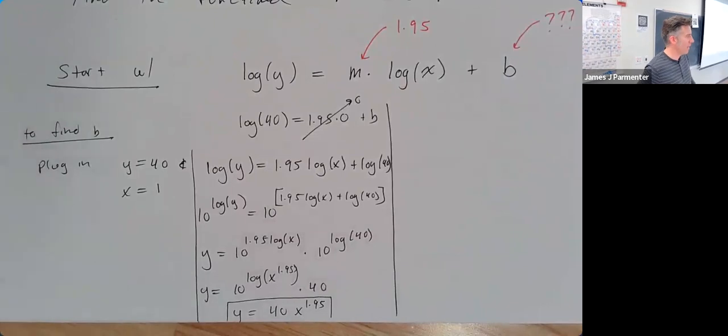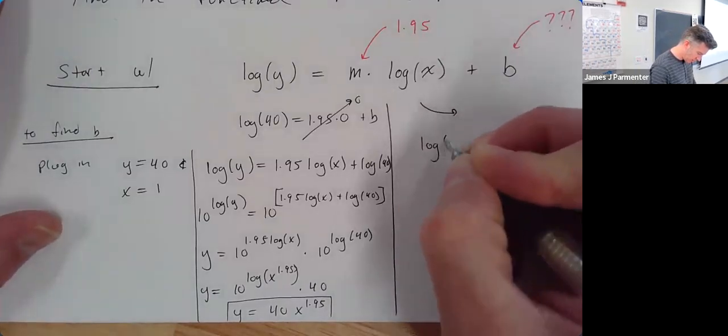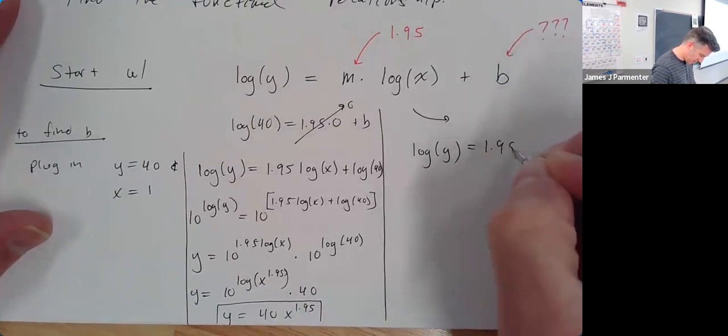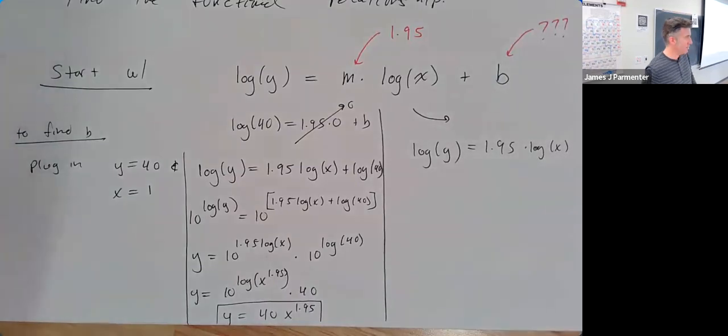And maybe you just don't like doing that thing where you find B weirdly first. You don't have to. If you really wanted to, you just say, well, I've got log of Y equal to 1.95 times log of X, and I'll deal with B at the end. It will work.